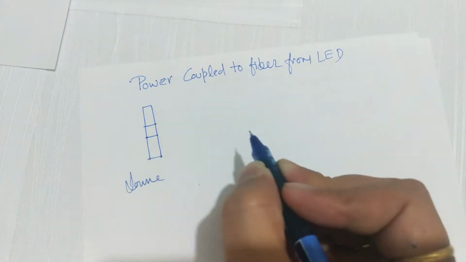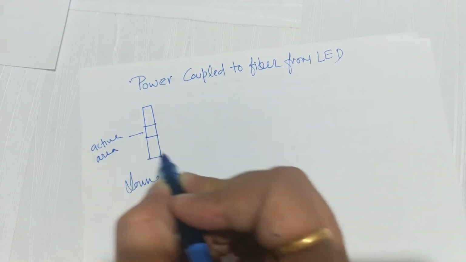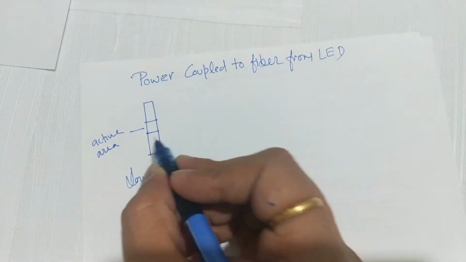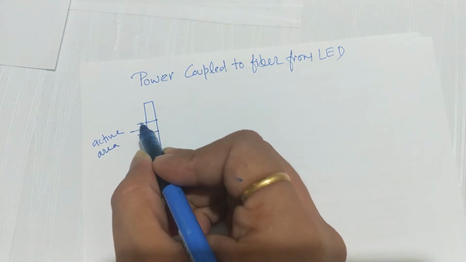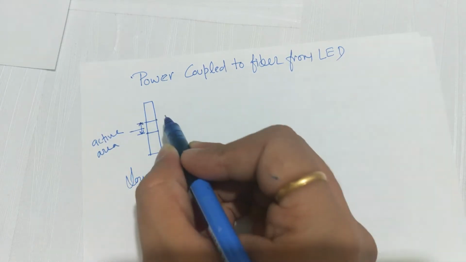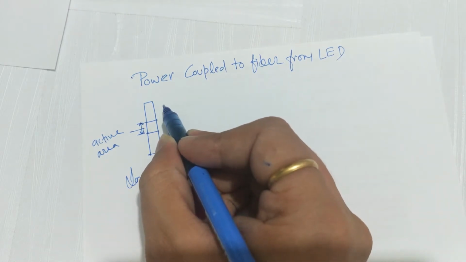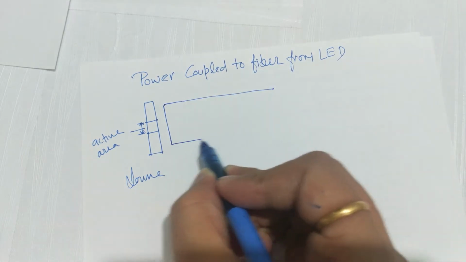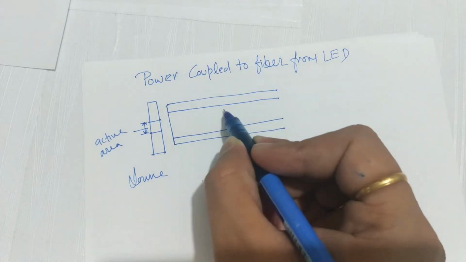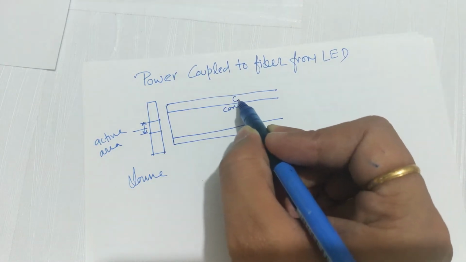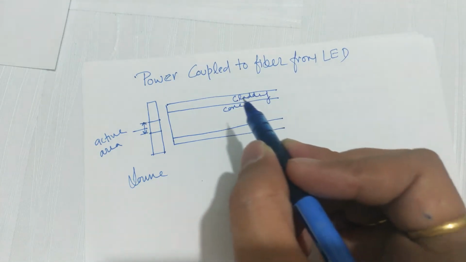Suppose we have an optical source with some active area. Light comes out from the active area only, so the radius of this area will matter. With the minimum distance, we have connected an optical fiber having a core and cladding part.